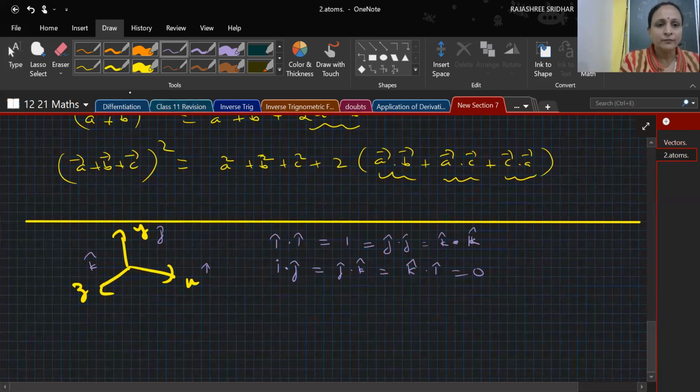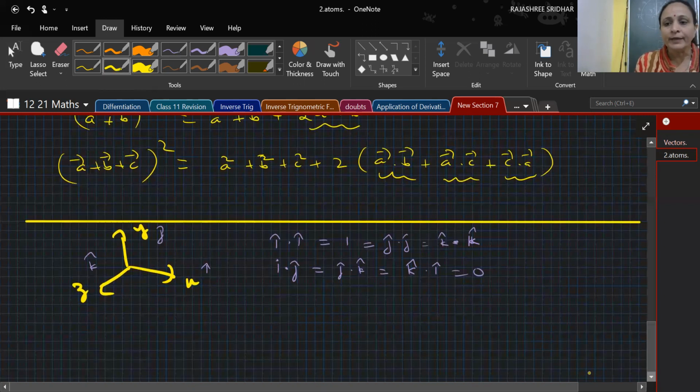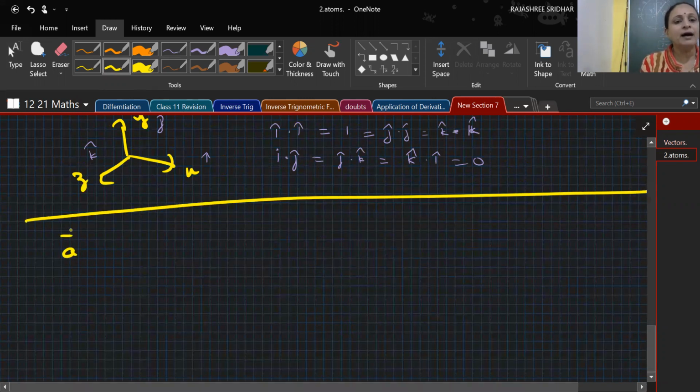Okay, so once you have noted this, now I want to find out how I can use the scalar product to find the angle between two vectors. For this, I'll be taking the vectors in component form. Suppose I have a vector A equal to a1 i cap plus a2 j cap plus a3 k cap.